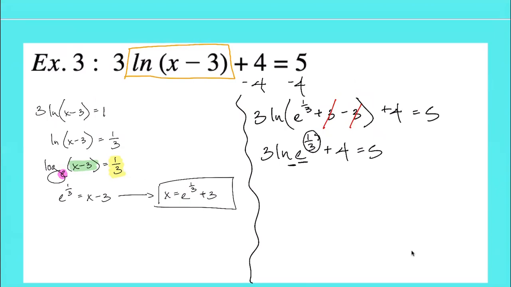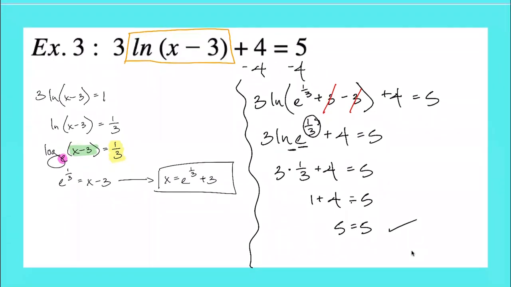So really, this is saying 3 times 1/3 plus 4 equals 5, or 1 plus 4 equals 5, or 5 equals 5. And so the answer that we got is a solution. All right. Any questions so far about solving the equations?